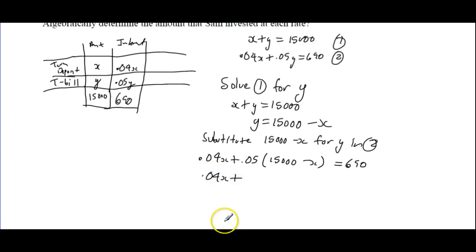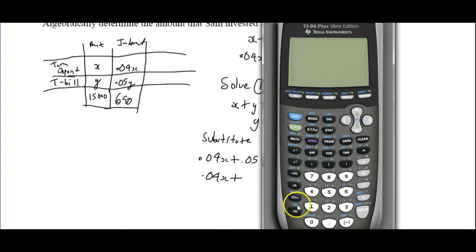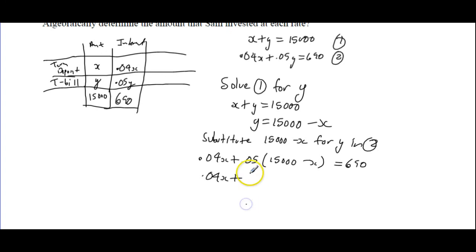0.04x plus what's 0.05 times 15,000? 0.05 times 15, 1, 2, 3, 750. Minus 0.05x equals 690.